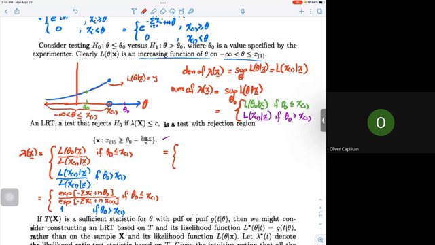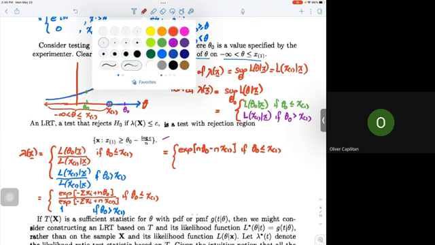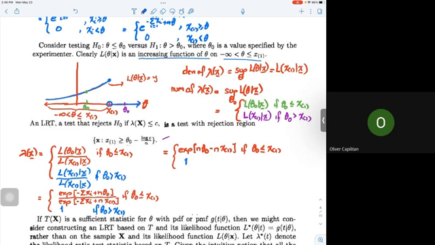So, yung maiwan na lang, we have here the exponential of a positive n theta sub 0 minus n of the first order stat, if theta sub 0 is less than or equal to x sub (1). And for the blue, it's equal to 1 if theta sub 0 is greater than x sub (1).